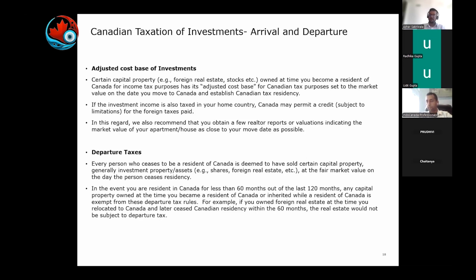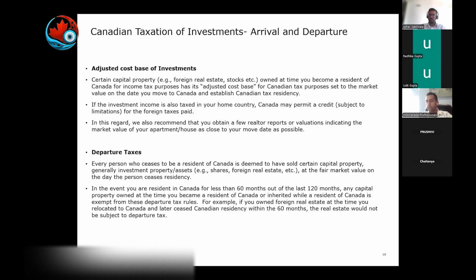Now, what does that mean? Going back to that family example which I was discussing previously, let's say the family has arrived in Canada on 1st September 2024, and they had certain investments in mutual funds from when they were working in India. Let's say in 2020, they decided to invest in mutual funds in India and they bought those mutual funds for 10 lakh rupees.